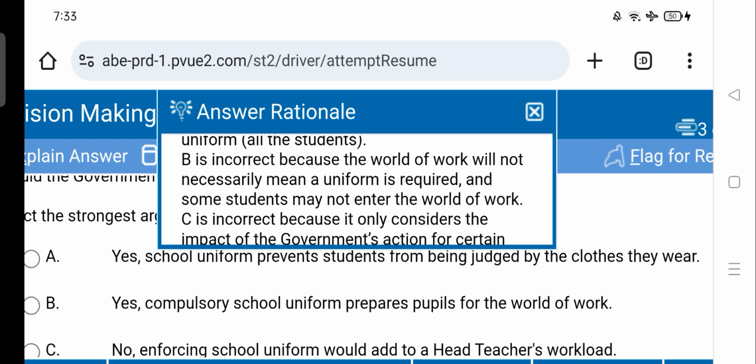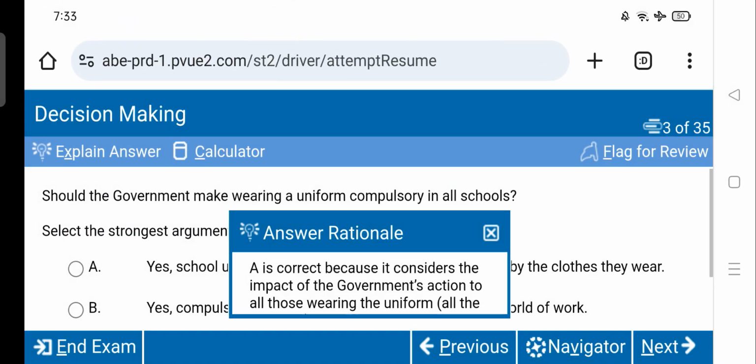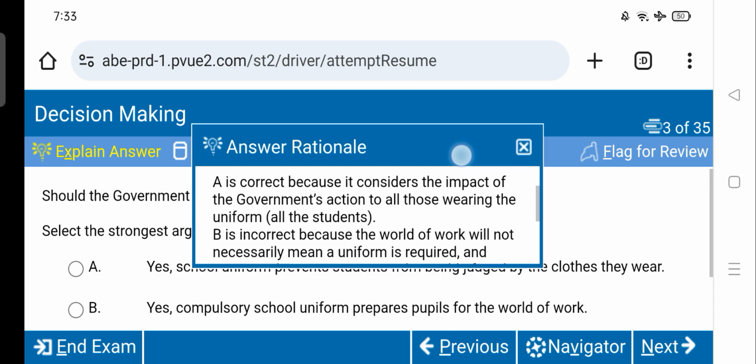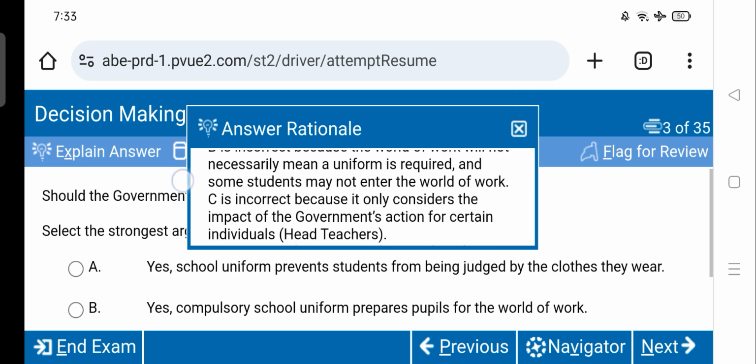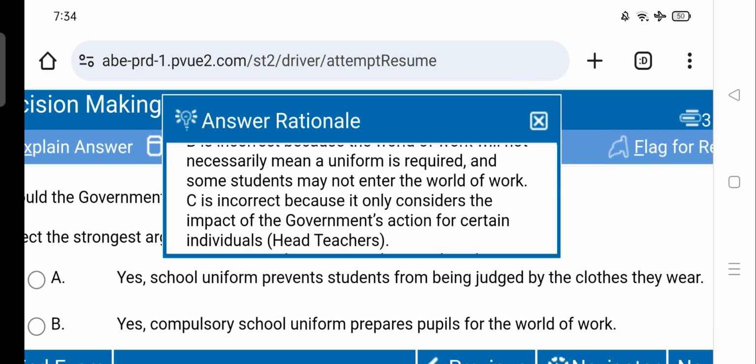B is incorrect because the world of work will not necessarily mean a uniform is required, and some students may not enter the world of work.